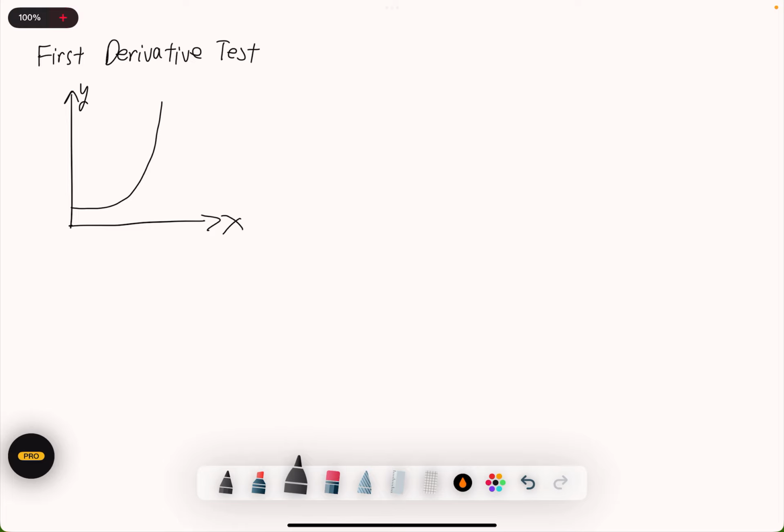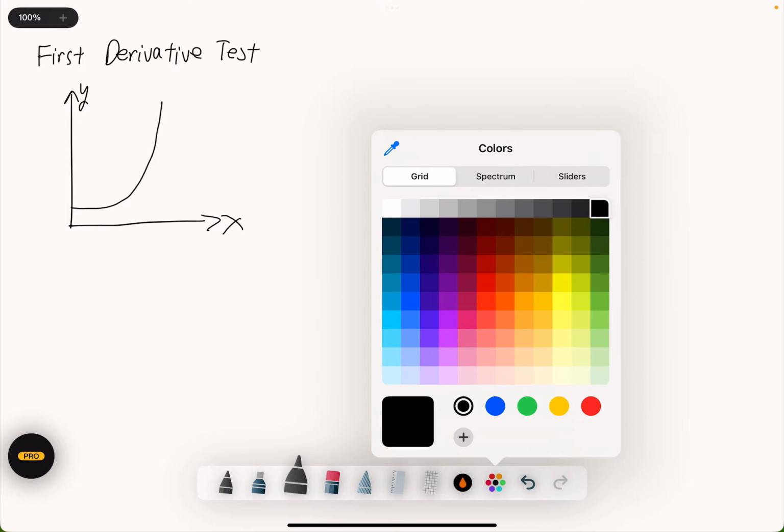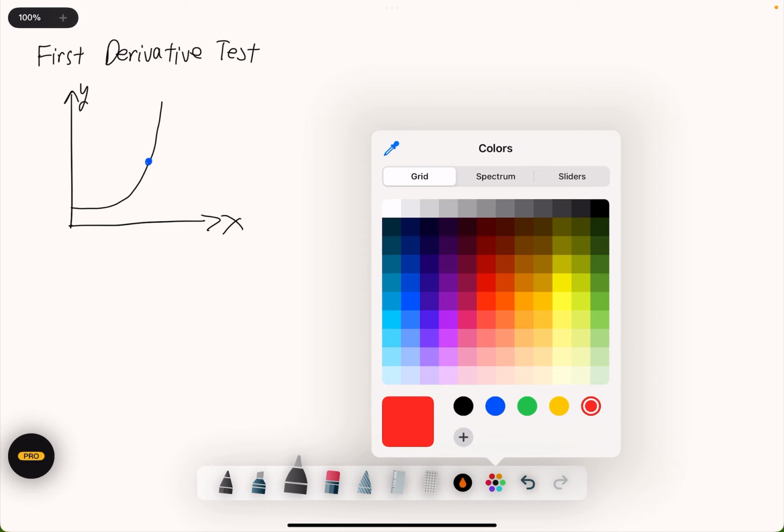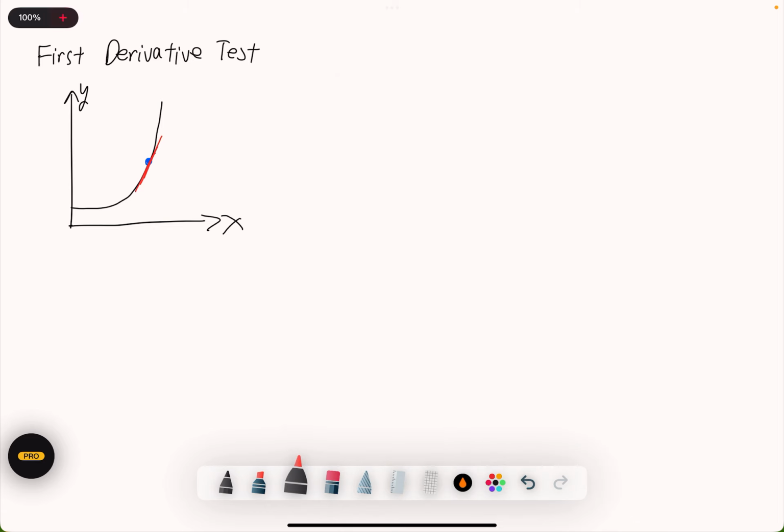And then say I want to find the derivative of this point. So I want the derivative of this point on this graph. Then the derivative of this point on this graph would be the slope of this line.